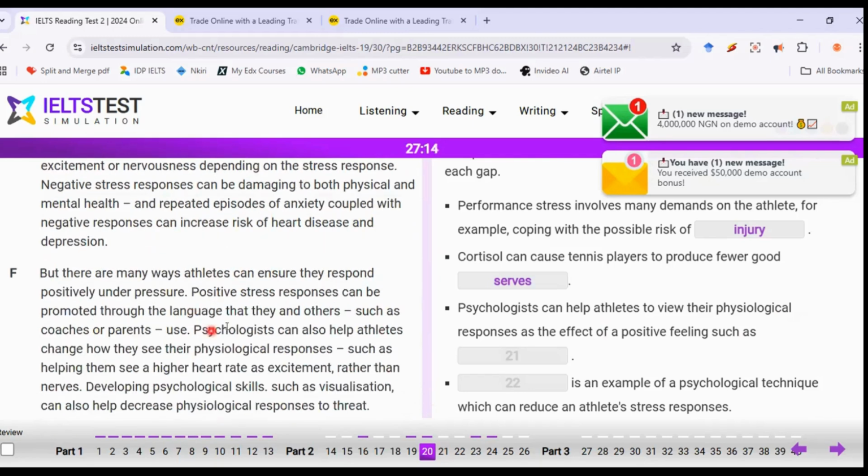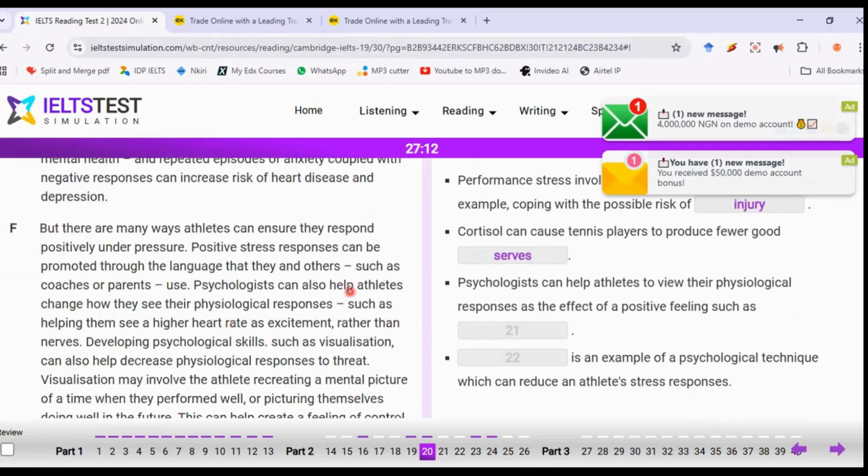Okay, I can see psychologist. Psychologists can also help athletes change how they see their psychological responses, such as helping them see a higher heart rate as excitement rather than nerves. View their psychological response as the effect of a positive feeling, such as that's excitement. Excitement.